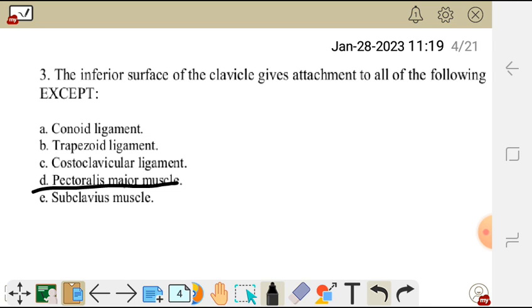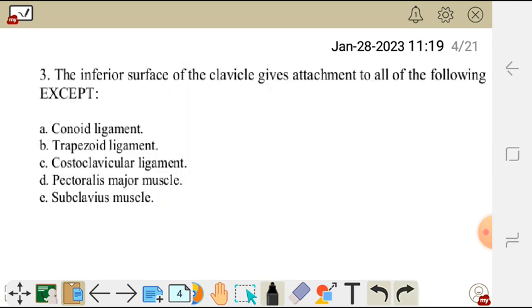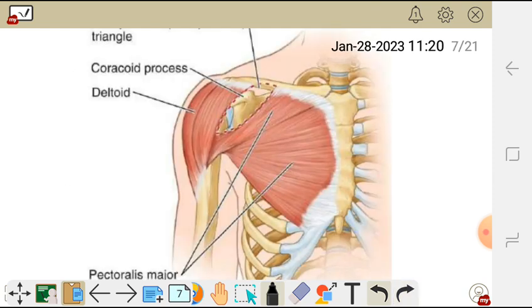Pectoralis major does not attach on the inferior surface of the clavicle, but instead it attaches on the anterior surface of the clavicle. When you look at this diagram here, you can see this is the pectoralis major muscle.